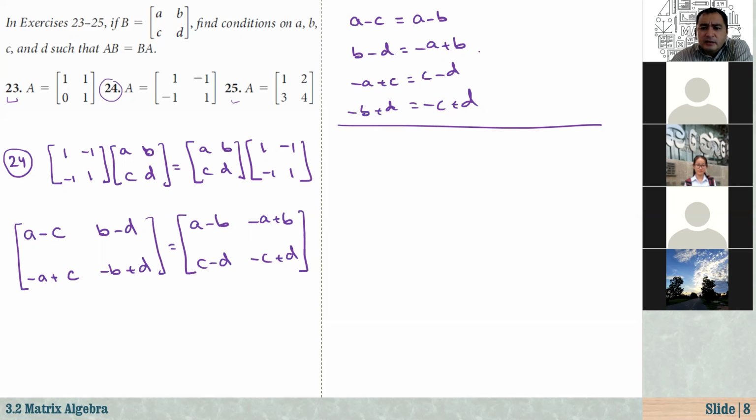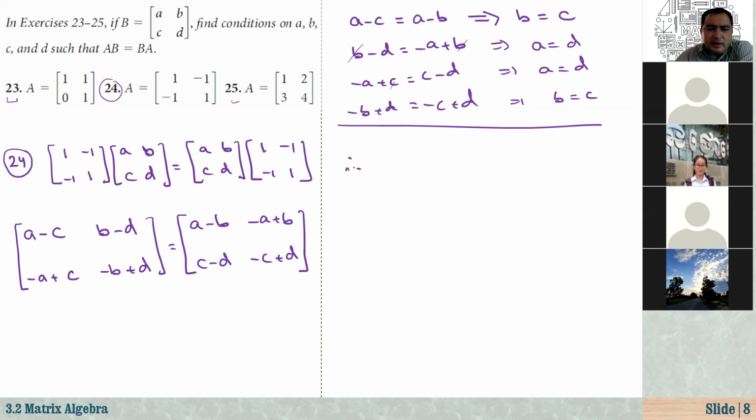Now from the first one, the a's cancel each other, right? What do we get from here? That means that b is equal to c. From the second one, the b's cancel out each other, so this implies that a is equal to d. And also from this one, the c's cancel each other, that means a equals d. And here the d's cancel each other, that is b equals c.